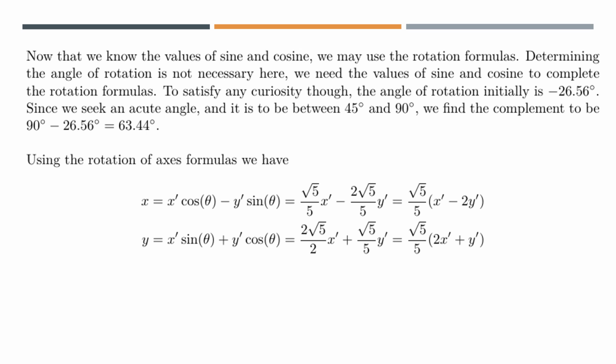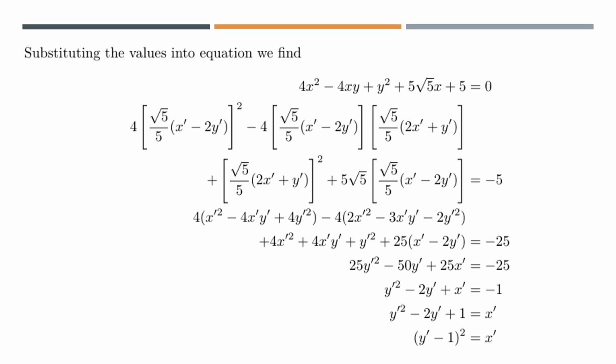So those are the equations that I'm going to substitute into my original equation. So there's the original equation, 4x squared minus 4xy plus y squared plus 5 times root 5 times x plus 5 equals 0. Plugging in those x and y formulas in terms of x prime and y prime and simplifying gives us the quantity y prime minus 1 squared is equal to x prime.